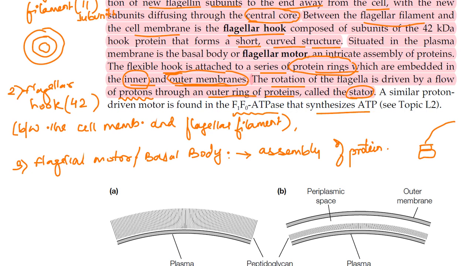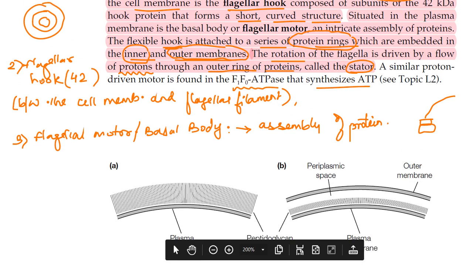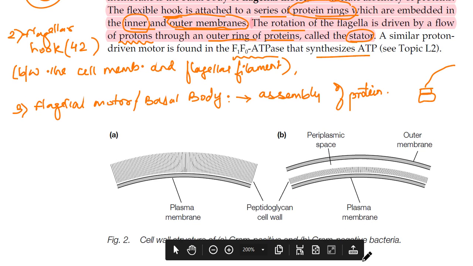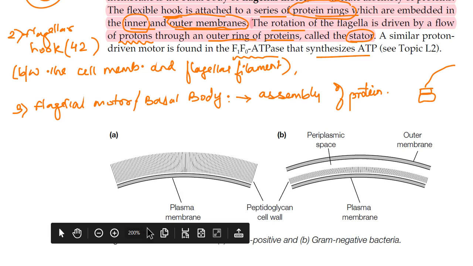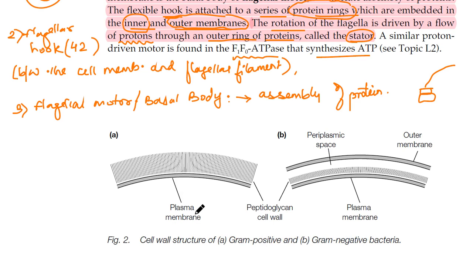Now look at the structure here. This is the cell wall structure of gram-positive and gram-negative bacteria. Gram-positive bacteria have a thick cell wall, and gram-negative bacteria have a thin cell wall and, in addition, an outer membrane which consists of several pores.